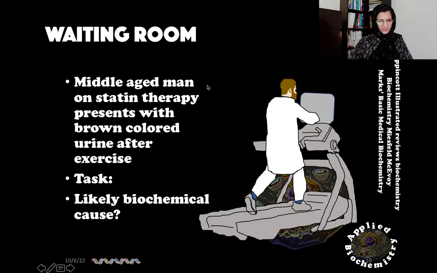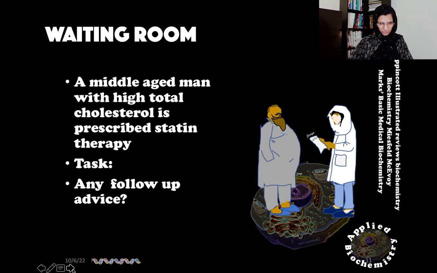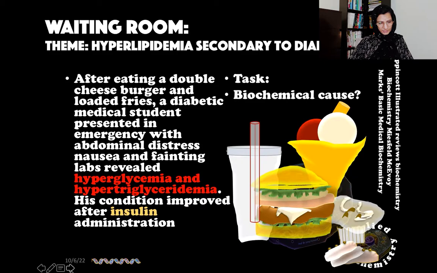Then there is a middle-aged man on statin therapy, and he has presented with brown colored urine after exercise, and you are required to find the likely biochemical cause. There is a middle-aged man with high total cholesterol, and he is prescribed statin therapy, and you are required to coin any follow-up advice for this man.